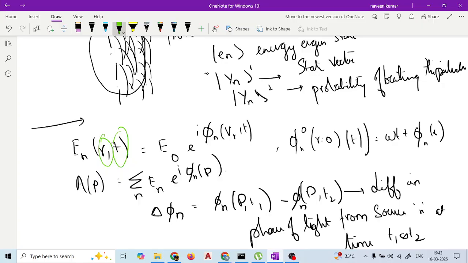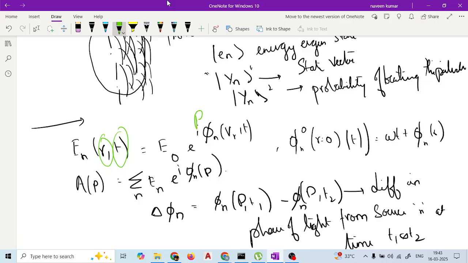So you will have theta and phi symmetric conditions, and e to the i phi. So phi n is basically measured at the origin, and is a kind of phase term also.